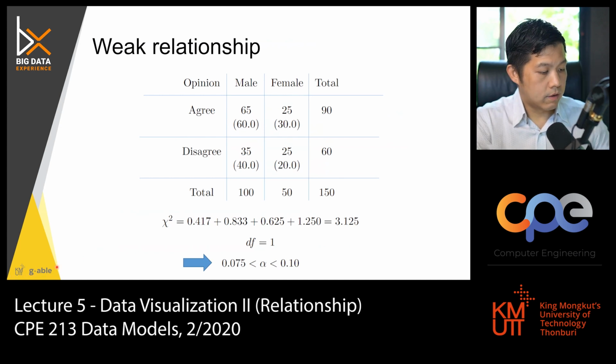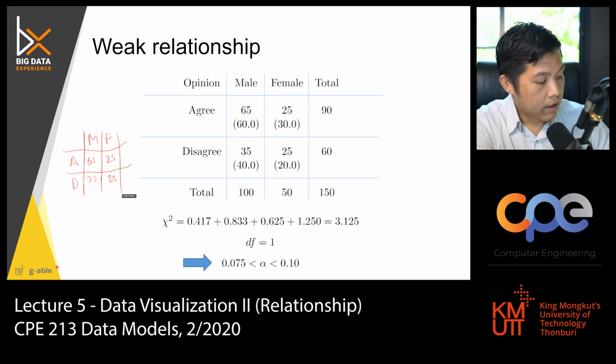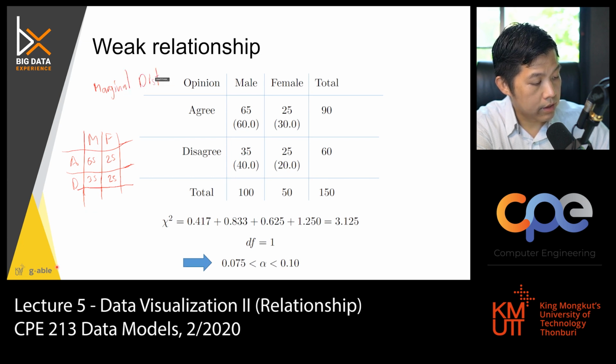So when I start doing the analysis, it will be like this: M and F, and agree and disagree. At the beginning, what I have is 65, 25, 35, and 25. The next step is to calculate the marginal distribution.